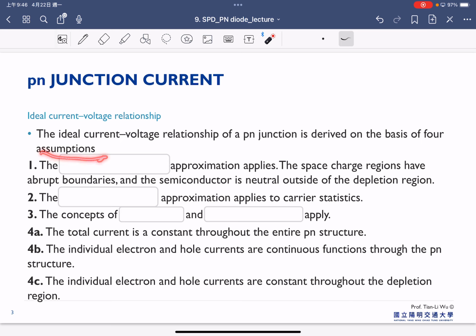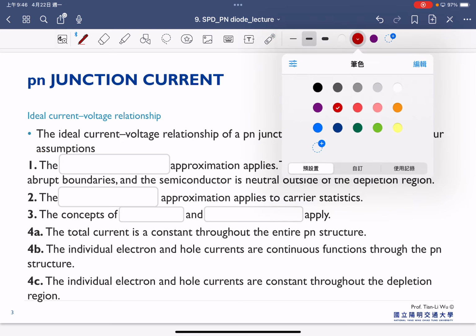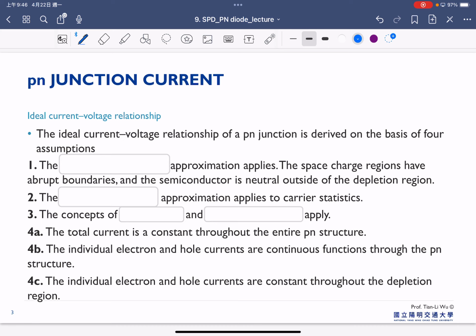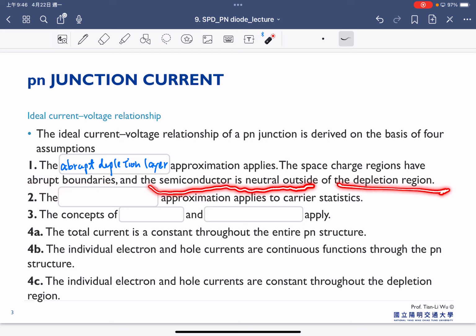The first one is we only consider the abrupt depletion layer, so the abrupt depletion layer approximation applies. The space charge region has abrupt boundaries, and the semiconductor is neutral outside the depletion region. So that's the first assumption.